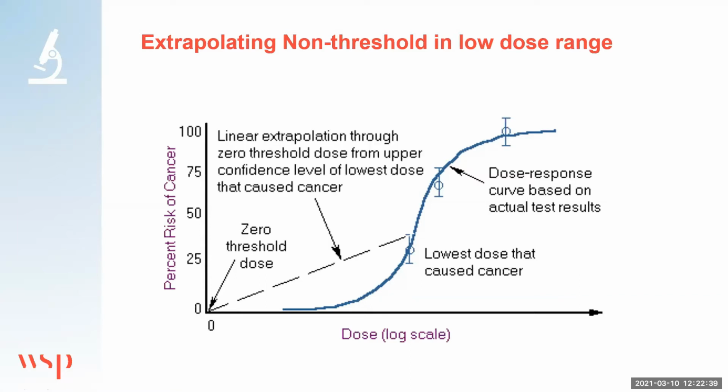This is a linear extrapolation through zero dose from the upper confidence level of the lowest dose, the confidence levels of these lines over the dose points. I won't talk more about that. It gives you the slope, which is the slope factor. We use the slope factor when deriving numbers for carcinogens, that's TWA values for carcinogens, and I'll talk more about that later.